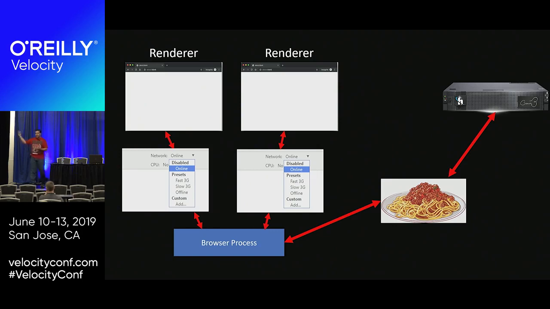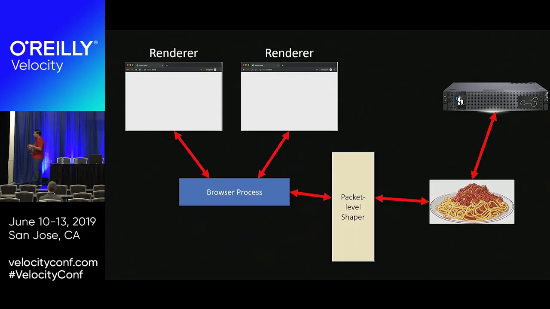Those 20 things go up to your server and are returned at gigabit speeds. And then between the renderer and the browser process, it figures out how to trickle that data down into the renderer at a 3G speed, which has absolutely nothing to do with how your server would have delivered it to the browser over a 3G connection. And it gets it horribly wrong in so many different ways.